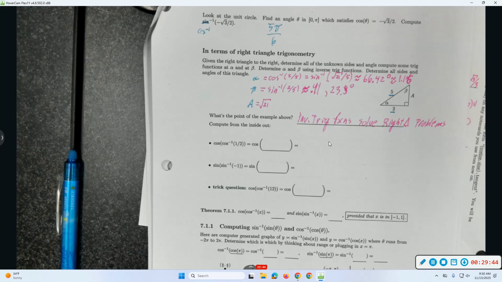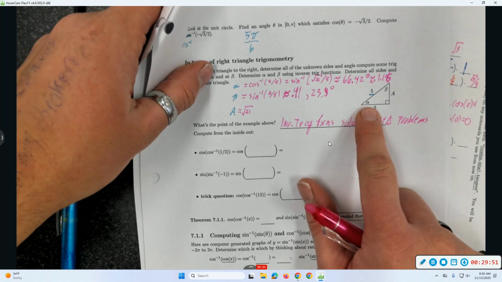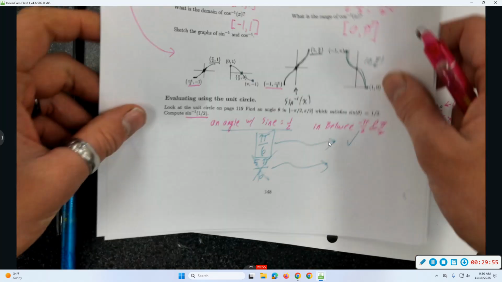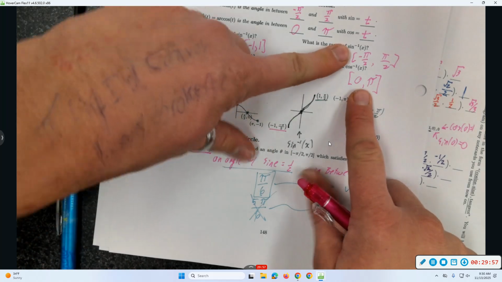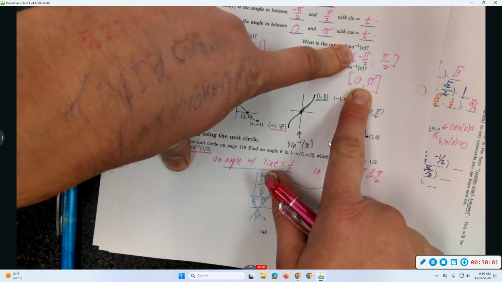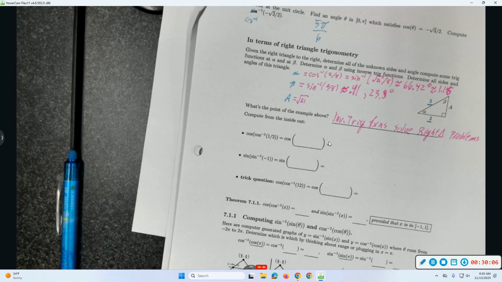And there's no weird subtlety in the fact that we restricted domain here, because what angles can you see in our triangle? Angles between 0 and pi over 2. Well, angles between 0 and pi over 2 are also in both of those output ranges. So we'll get acceptable answers using inverse trig functions.